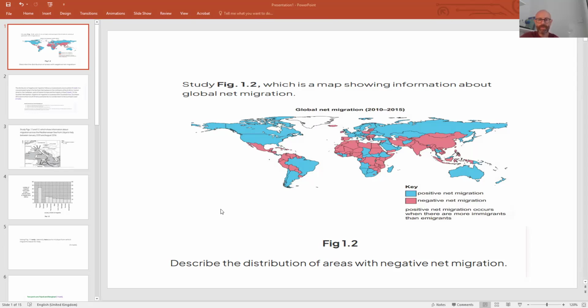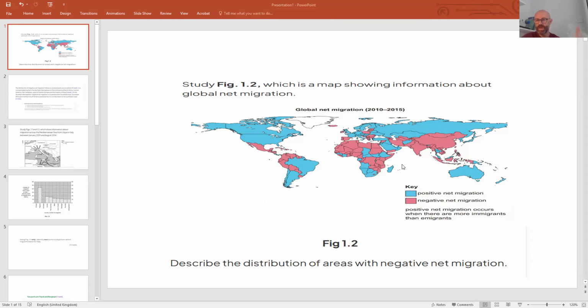Well, firstly, we can see that that distribution is across most of the continents. Okay. We can see Africa, Asia, Central America, South America, Asia. Okay, so we've got a distribution now. The equator comes through about here.